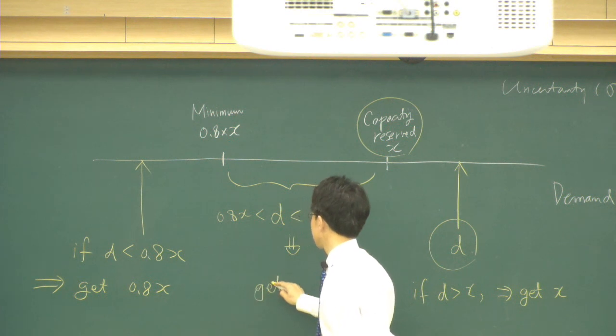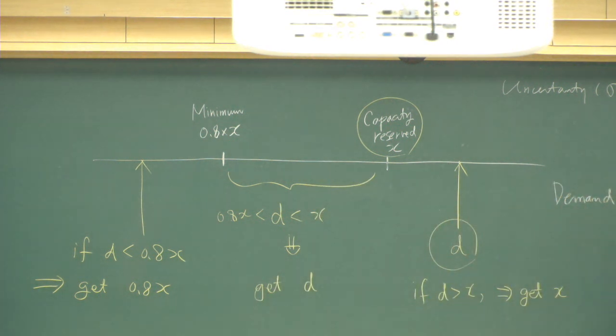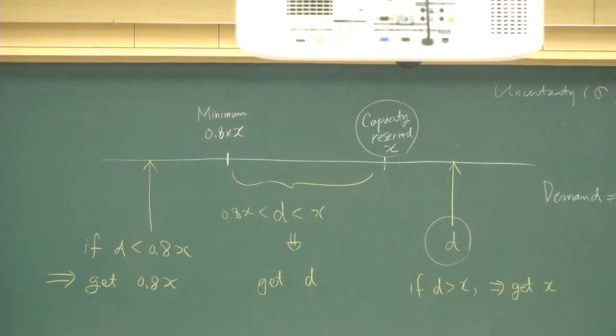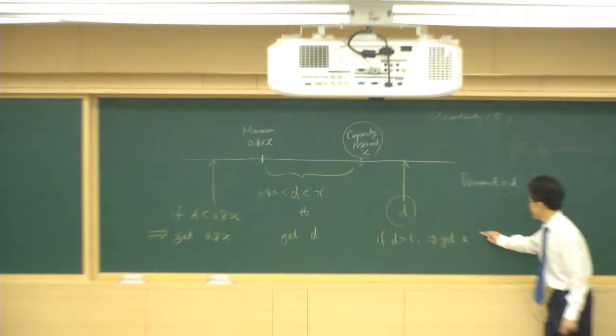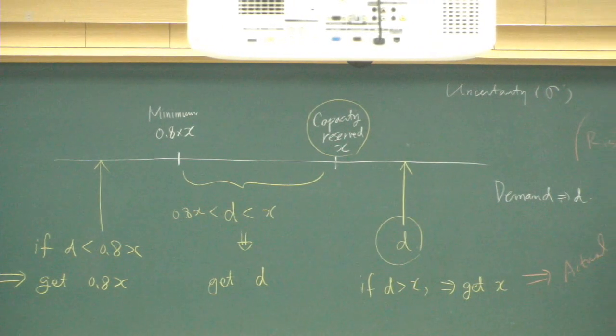I get exactly demand. So depending on the amount of demand, I have to calculate how many units I actually get. In other words, that's delivered, actual delivery.